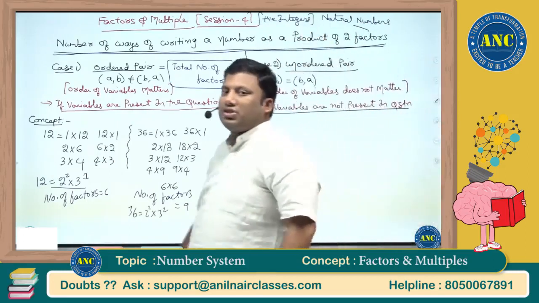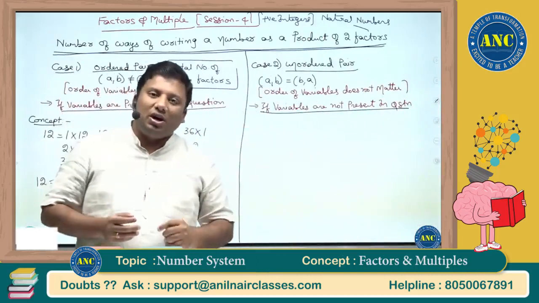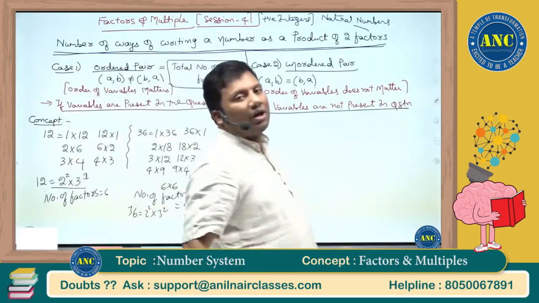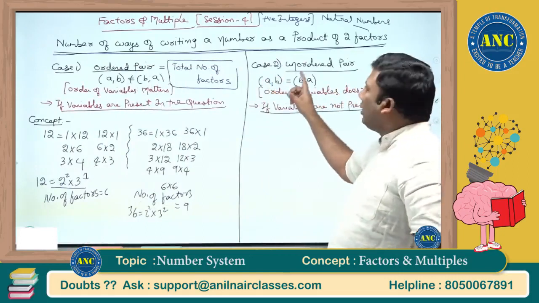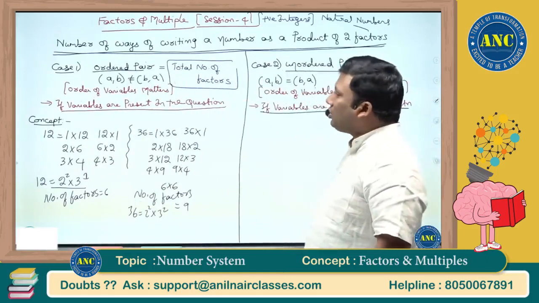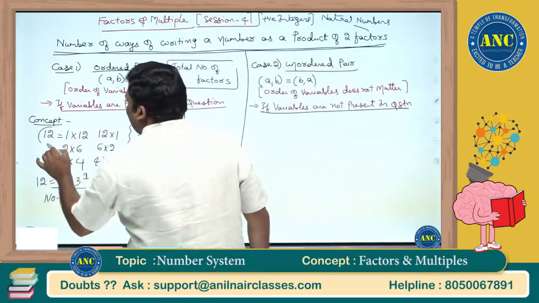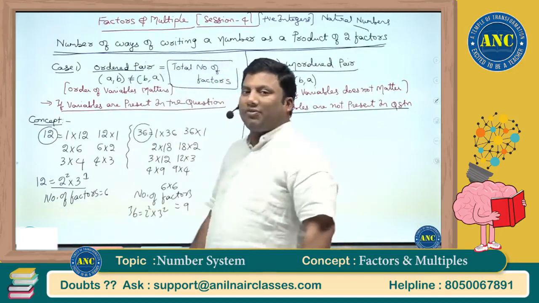Integers which are positive are called natural numbers. Integers which are non-negative are called whole numbers. The number of ways of writing a number as a product of two factors in ordered pair is the total number of factors. In ordered pair, it does not matter whether the number is a perfect square or a non-perfect square.